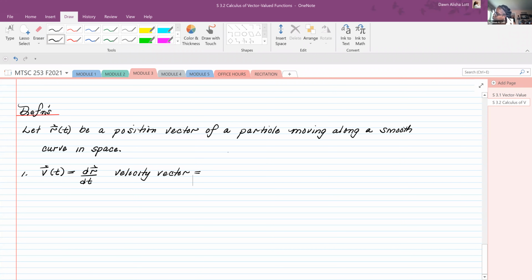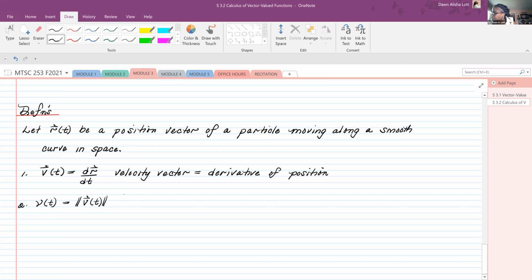And it is equal to the derivative. Number 2, speed, that's new. Speed of t is not a vector. It is the length of the velocity vector.